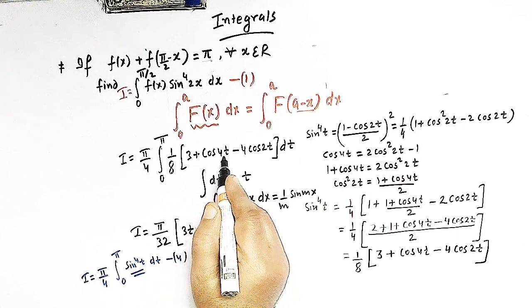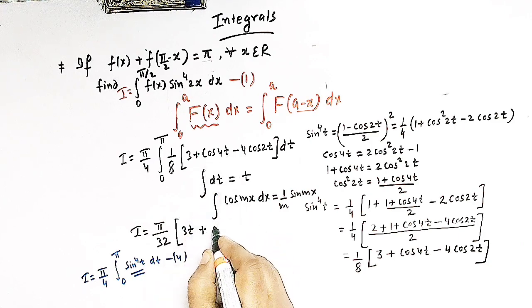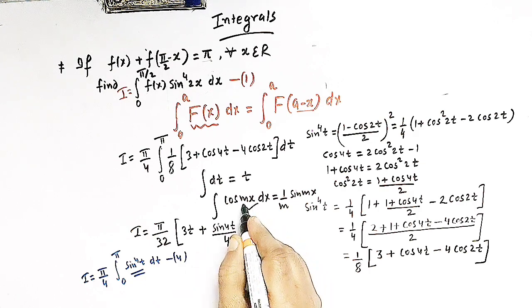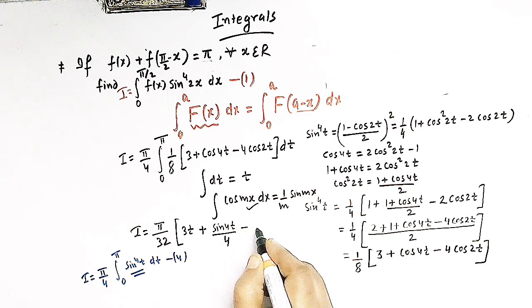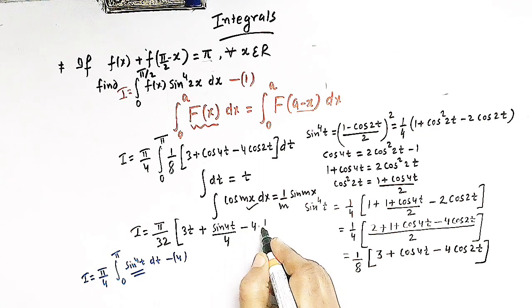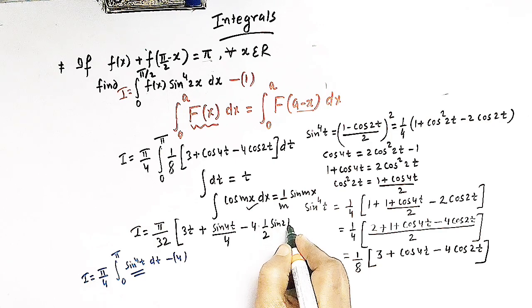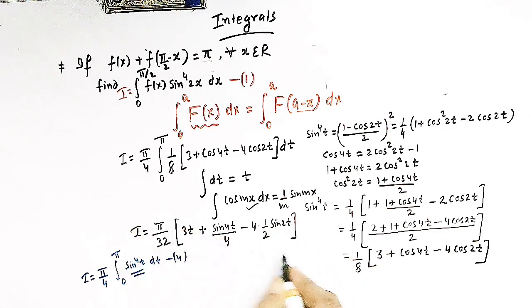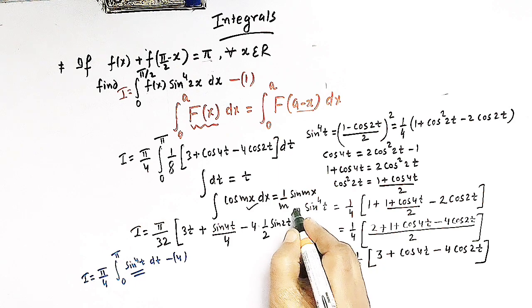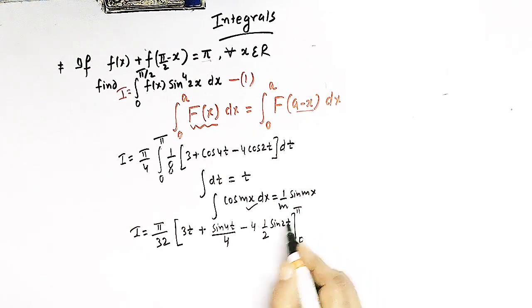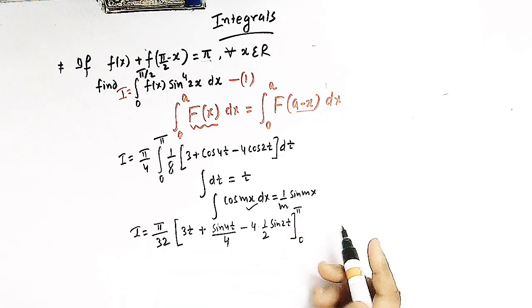The integral of cos 4t is sine 4t divided by 4 due to this result, and then we have minus 4 times 1 over 2 and sine 2t, and the limits of integration are from 0 to pi. So now let us substitute the limits, and we'll take the difference.